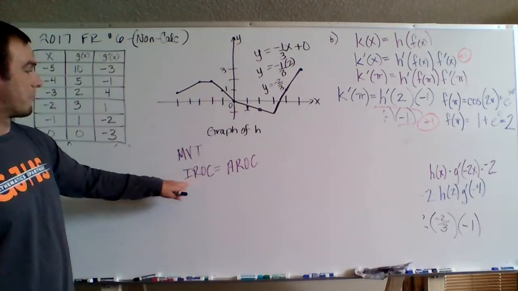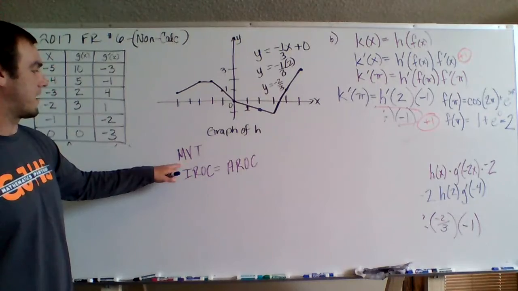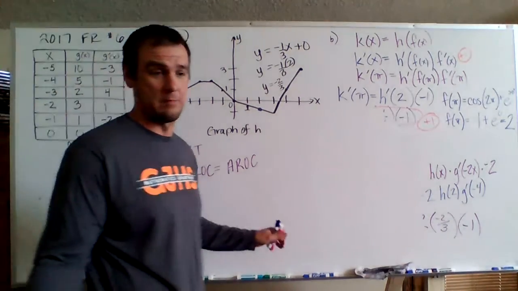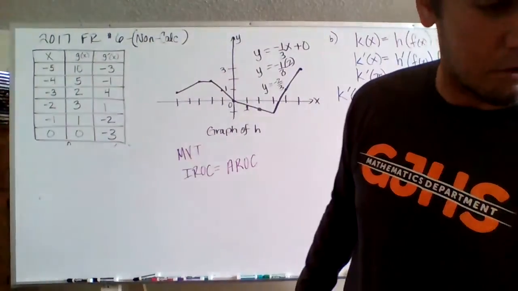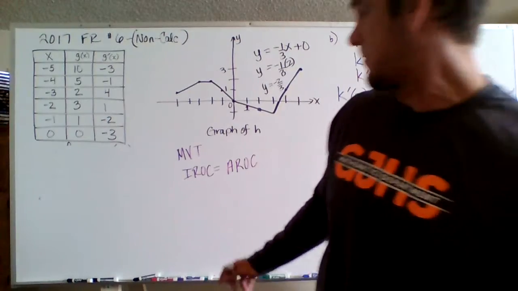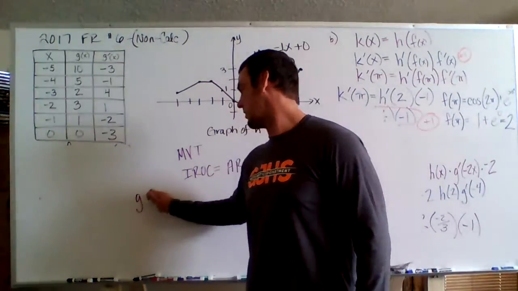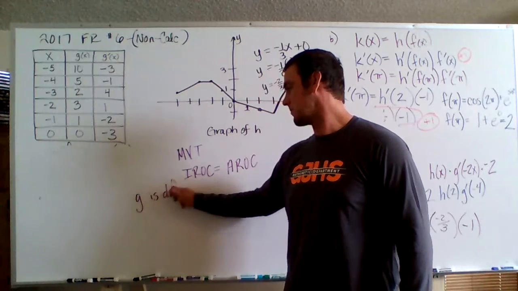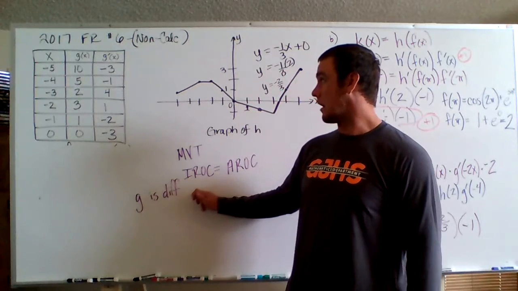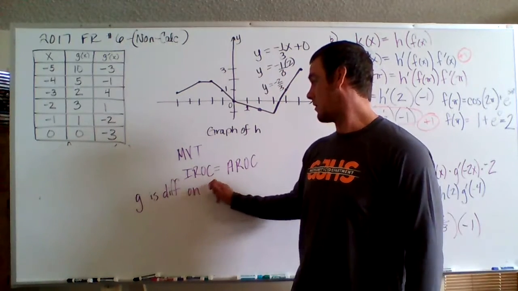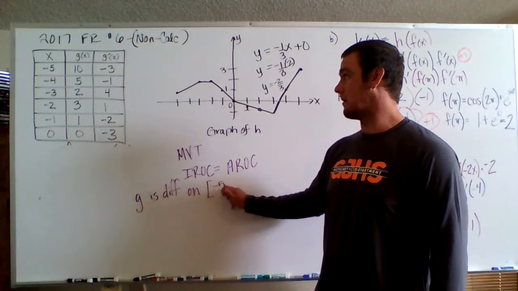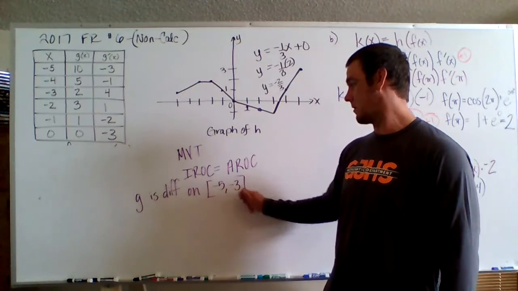All right. Before you get into it, you need to give our hypothesis statement, okay? So we know that G is differentiable on -5 to -3.